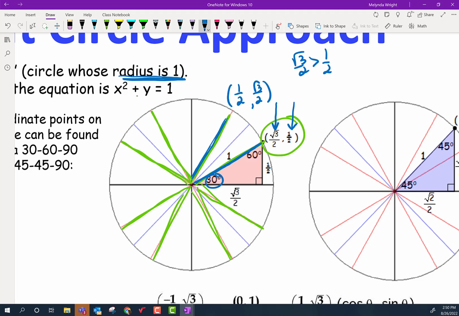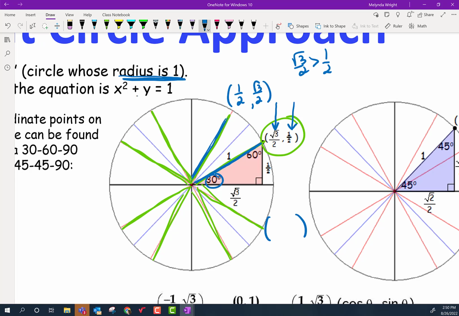Okay, does everybody understand the rationale for why the numbers go where they go? Now, once you have that, you just have to reflect it all to the other green lines. There's nothing else to memorize. It's either root 3 over 2, 1/2 or 1/2, root 3 over 2. That's it. The only thing that changes is the sign of the number depending on the quadrant.